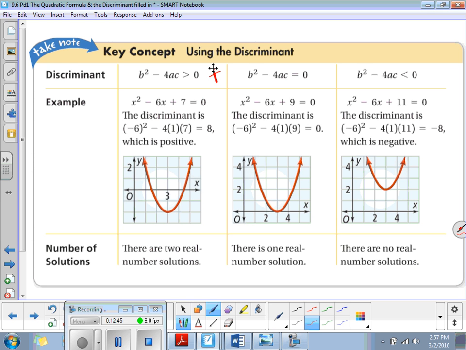If the discriminant is equal to 0, there's 1 real number solution. And if the discriminant is less than 0, or negative, right, there are no real number solutions.